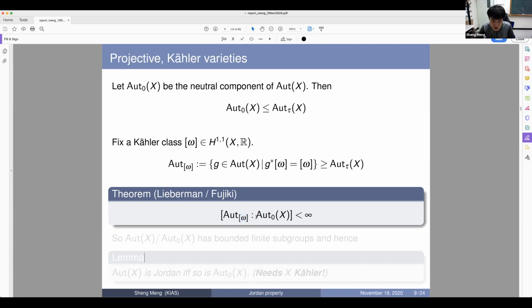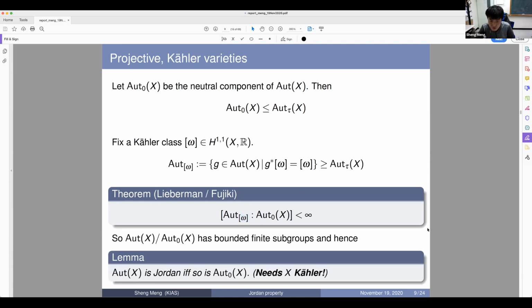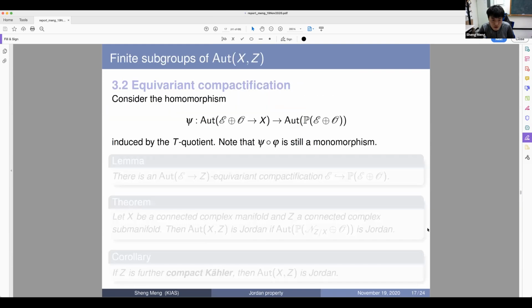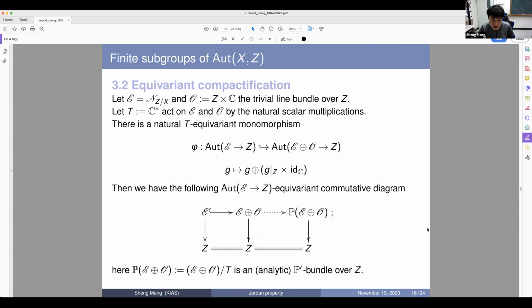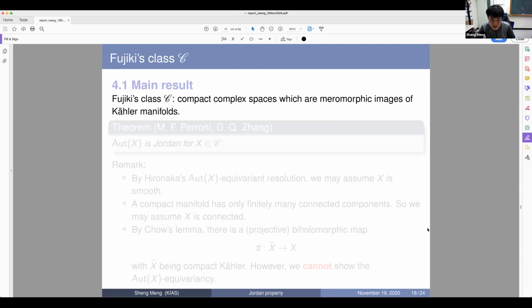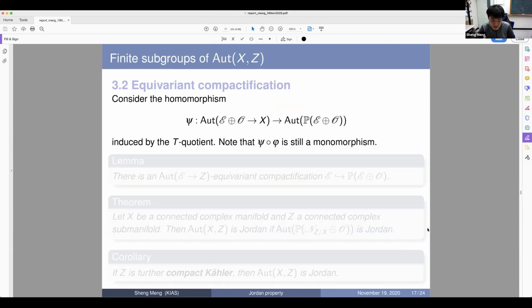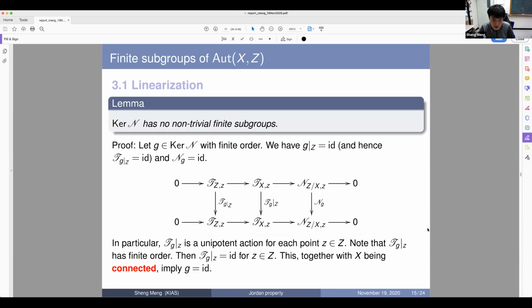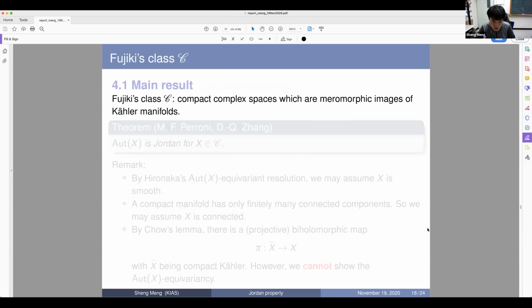If you have the equivariant resolution here, this is not the key point, because I don't expect the existence of an equivariant resolution. Sorry, where is it? Oh, here.